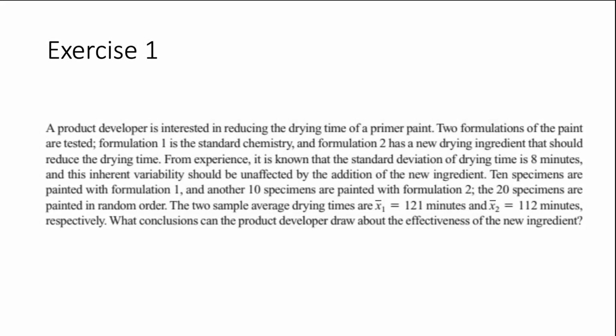It will be good if you can try to do this exercise. In this exercise, we have a product developer of paint. He wants to reduce the drying time of a primer paint. He tried two formulations of the paint. Formulation 1 is the standard chemistry, and formulation 2 has a new drying ingredient. From experience, it is known that the standard deviation of drying time is 8 minutes.